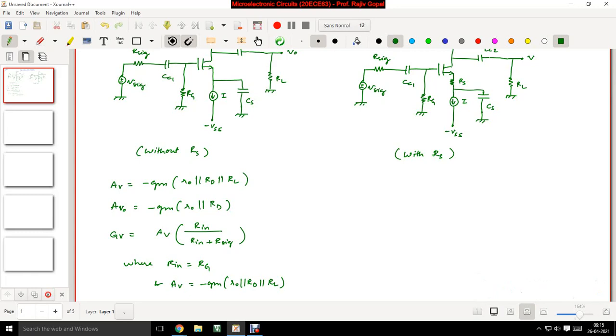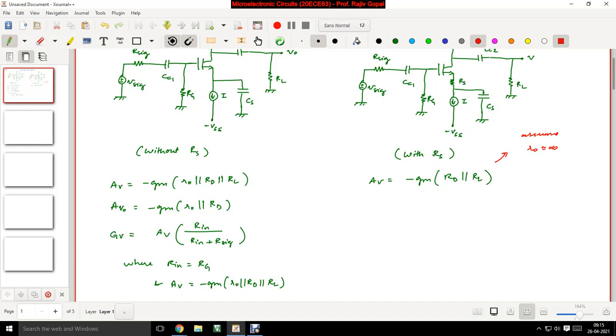But if you have source resistance, let us see what AV is in that case. It will actually reduce. So minus GM into RD parallel RL. The assumption we make here is R naught is equal to infinite.